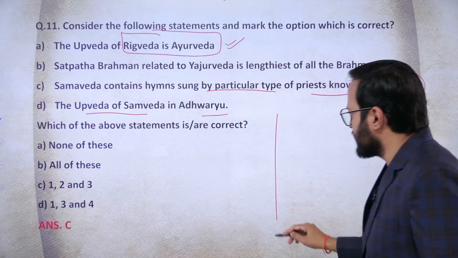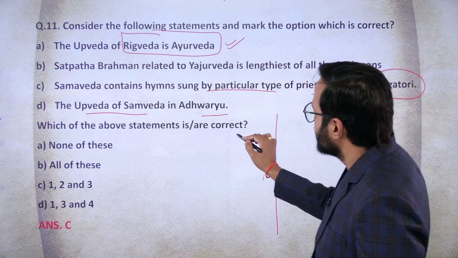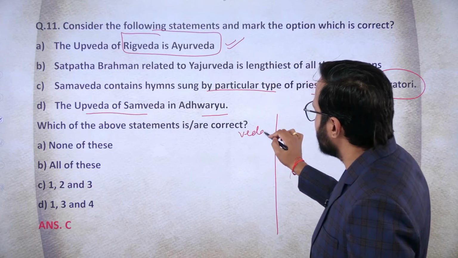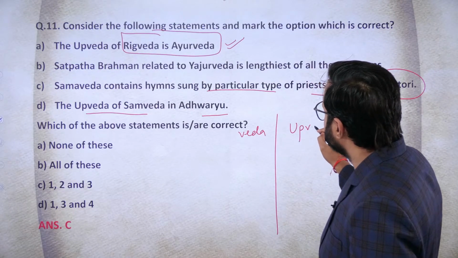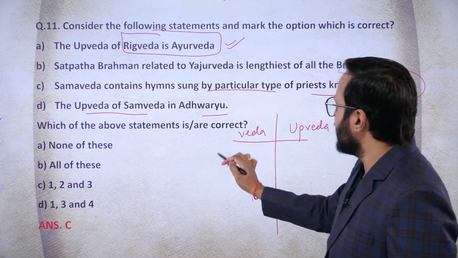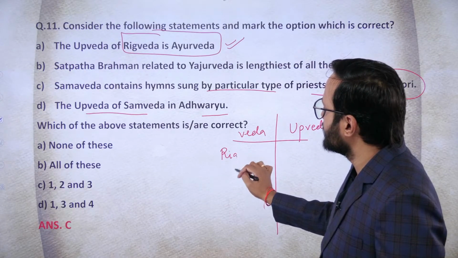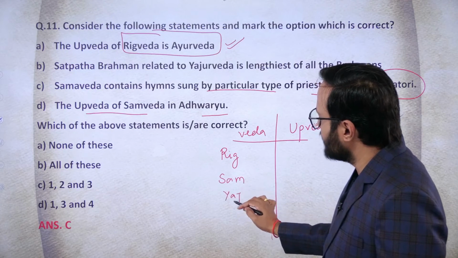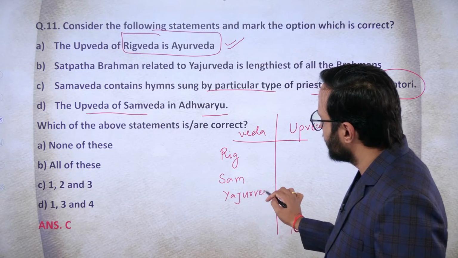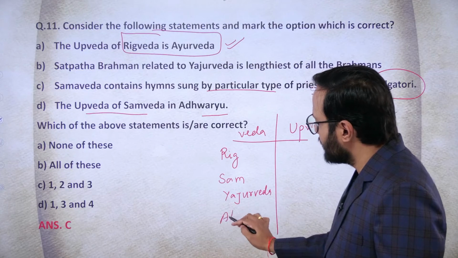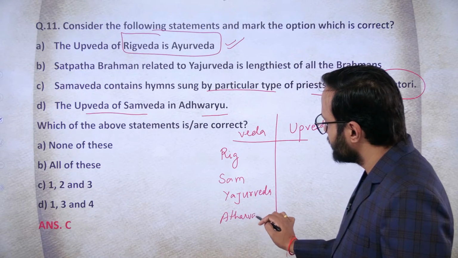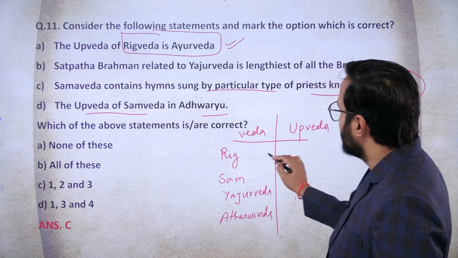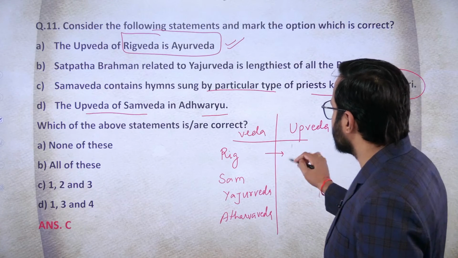In fact, let me just make a table for everyone so that you can remember the Veda and Upaveda simultaneously. In case of the Rig Veda, Samaveda, Yajurveda and Atharvaveda. The Rig Veda has Upaveda called as Ayurveda.